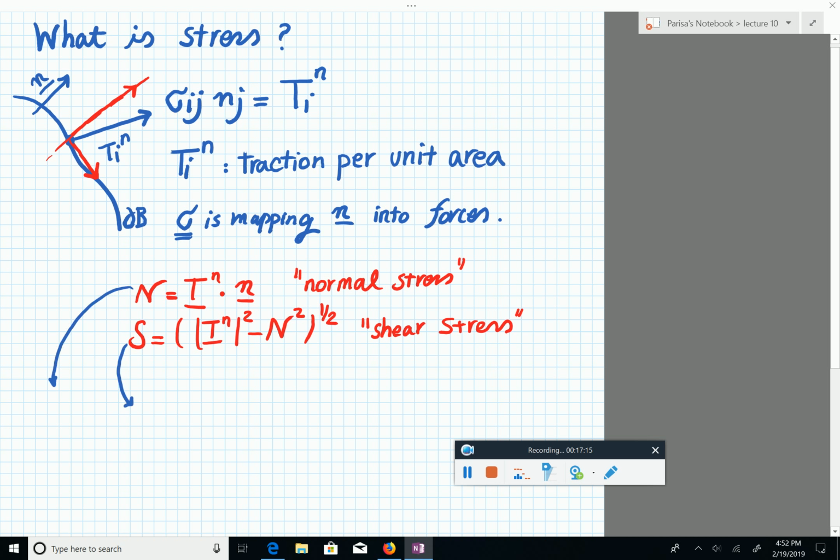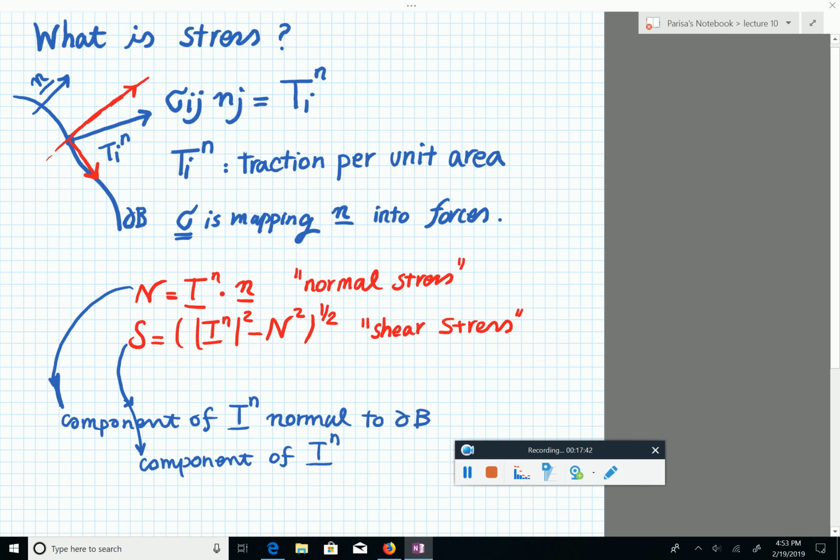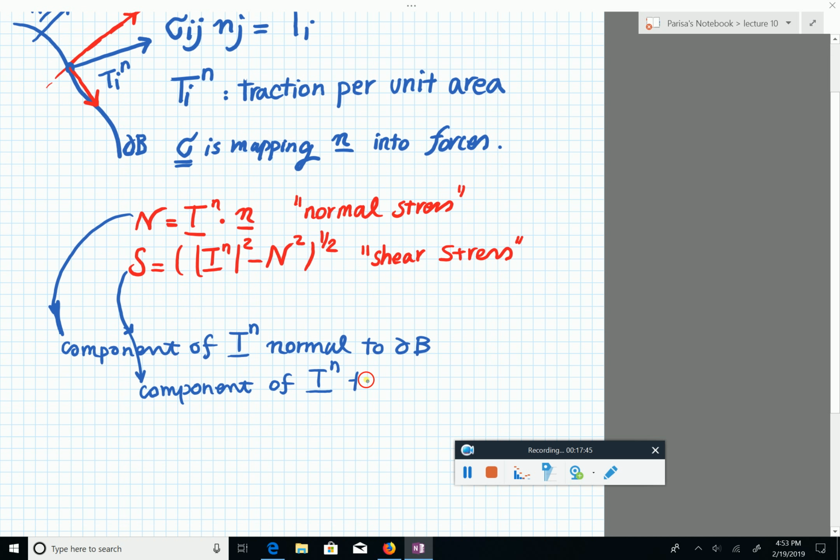This is just a component, it's not a real stress. Component of Tn normal to the boundary. And this is the same, tangent.